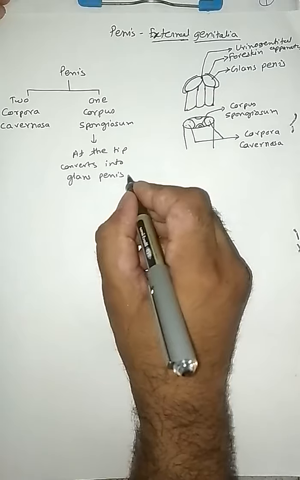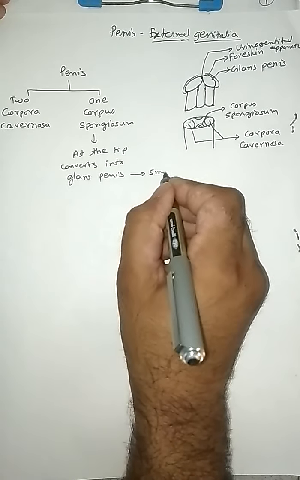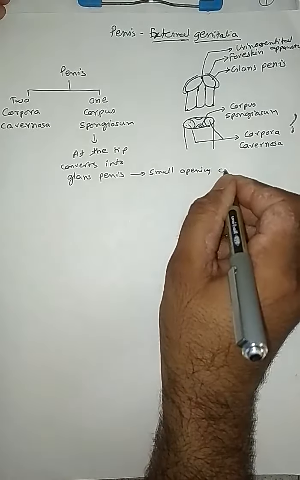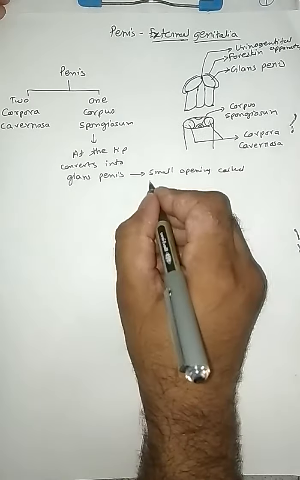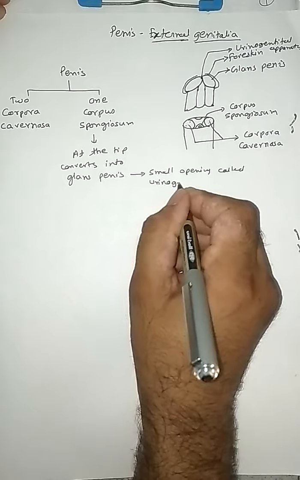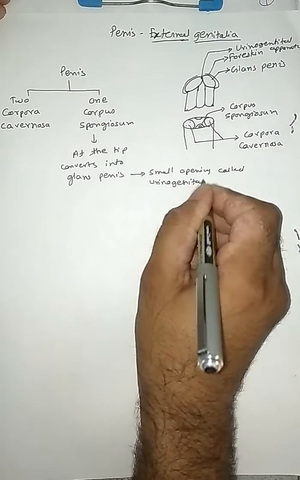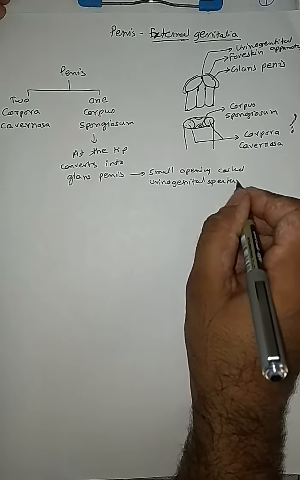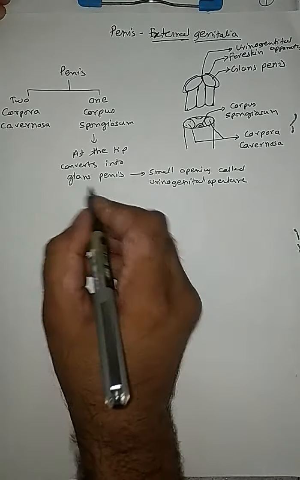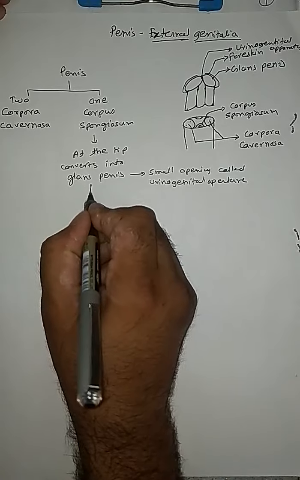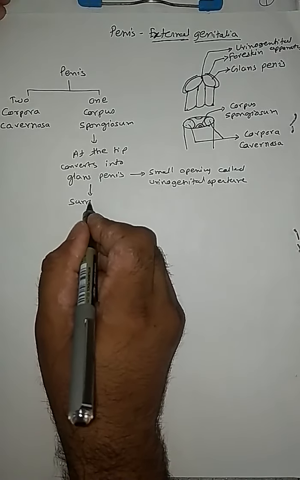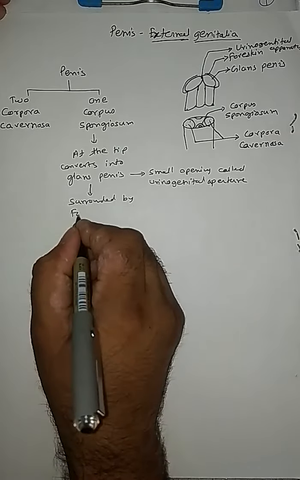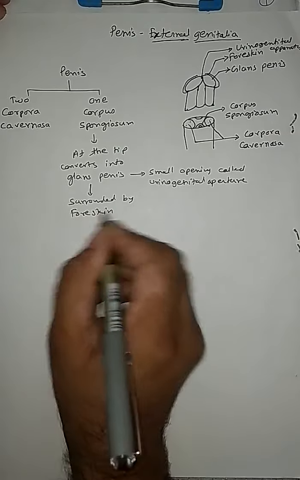The glans penis has a small opening called the urinogenital aperture, and the glans penis is surrounded by the foreskin.